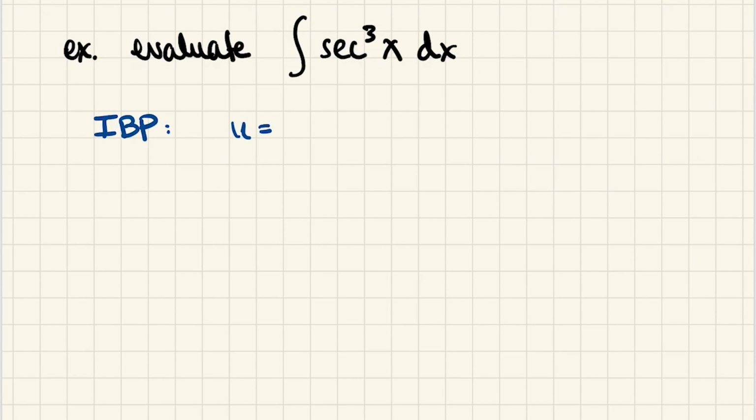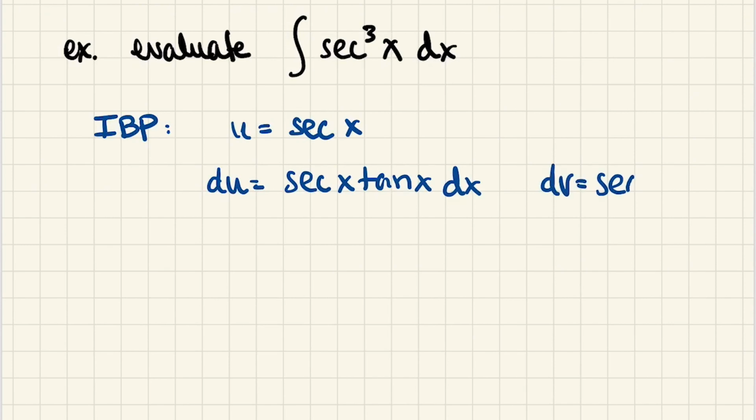So that means our u is going to be secant of x, and our du will be the derivative of that, which is secant of x tangent of x dx. Our dv is secant squared dx, and our v is the antiderivative of that, which is tangent of x.